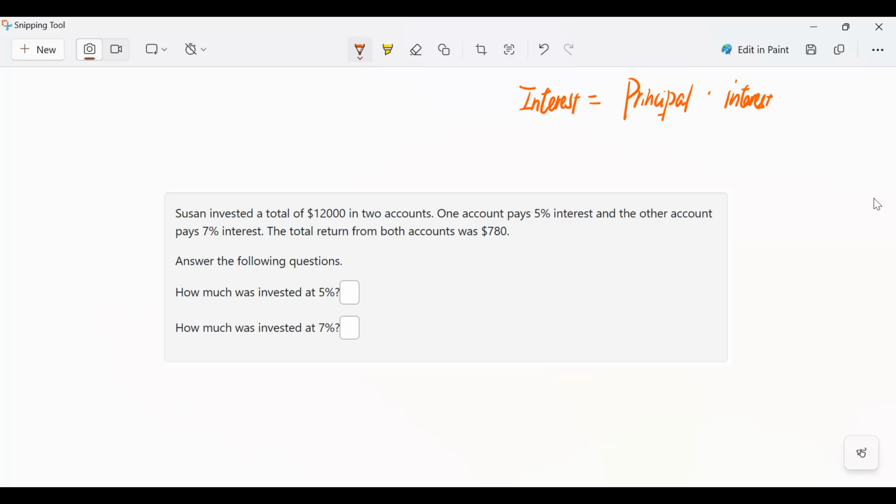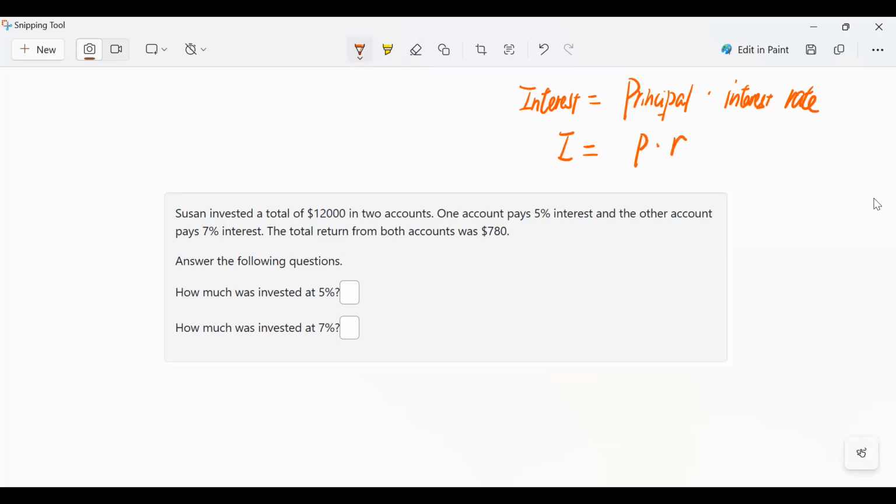Meaning every year you are earning $500 interest. That's how we calculate interest: principal times interest rate.